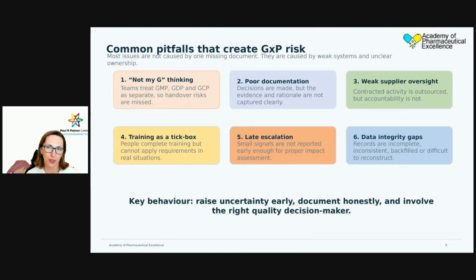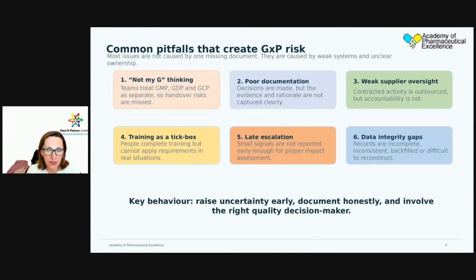So the first pitfall I would like to talk about is the G thinking, if you like to call it. And this is what happens when the teams treat GMP, GDP, and GCP as completely separate worlds. For example, a supply chain issue may be seen as GDP only, even though it may affect GMP product quality assessment and the GCP subject impact.